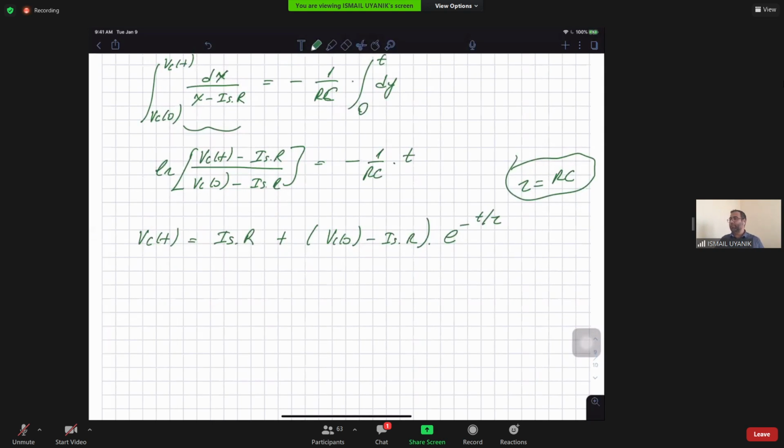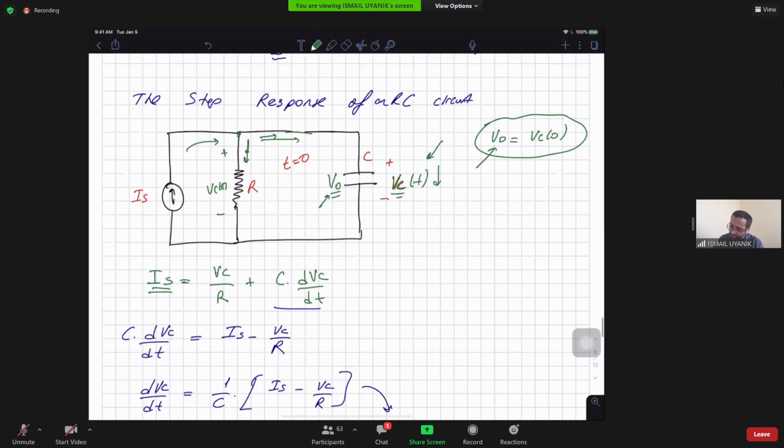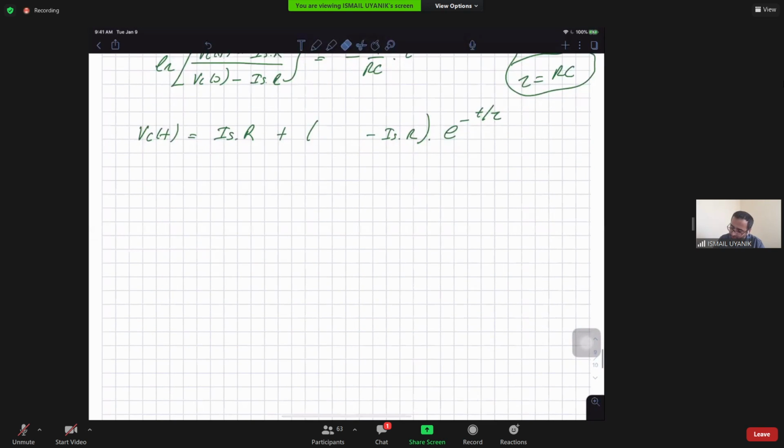Okay, please let me check with the final calculation I did before, IS times R, V0, ISR. I think that one is correct. And then I know what this initial value is. That initial value we know is V0. I will just write it as V0 for simplification. Okay, so this is all. This is the capacitor voltage.